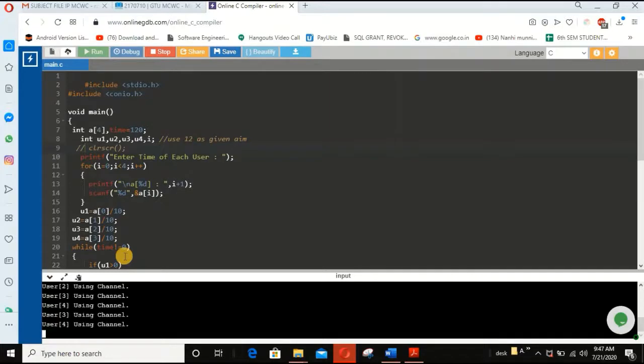First enter the time of user 1. So we enter 10. Then for the second user it is 20. For the third user we entered 30, and the fourth one is 40.